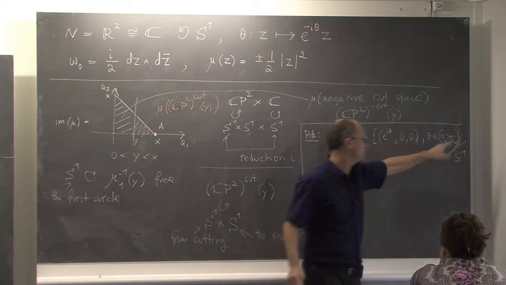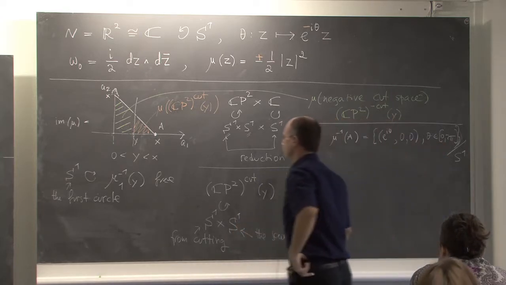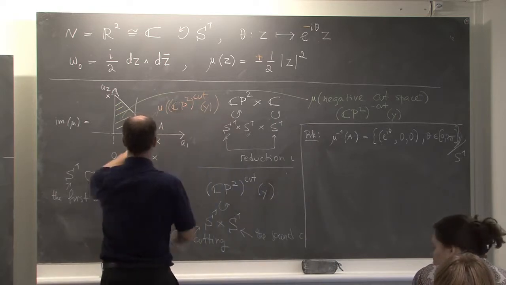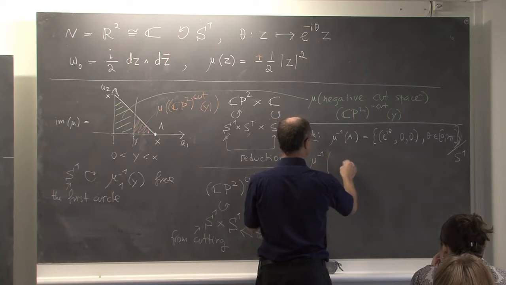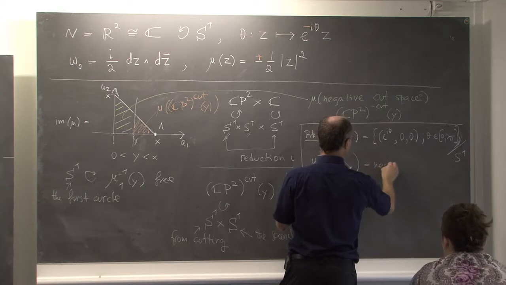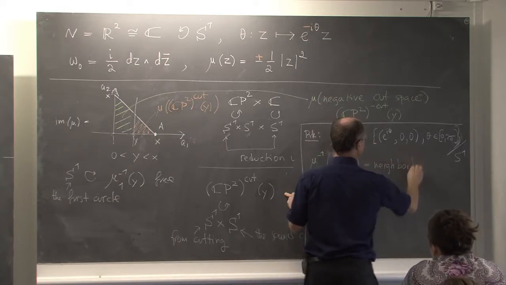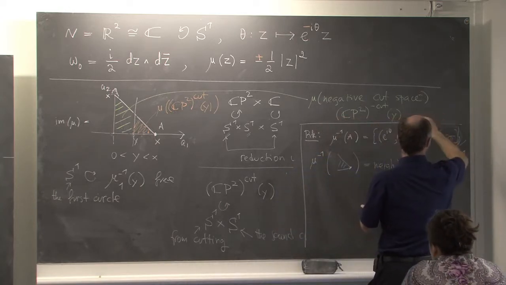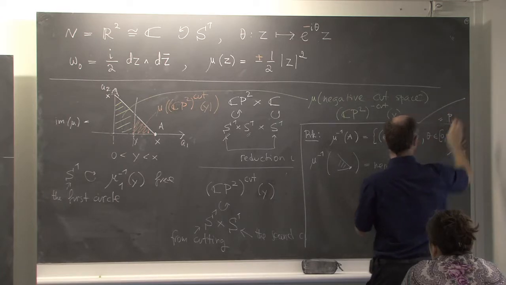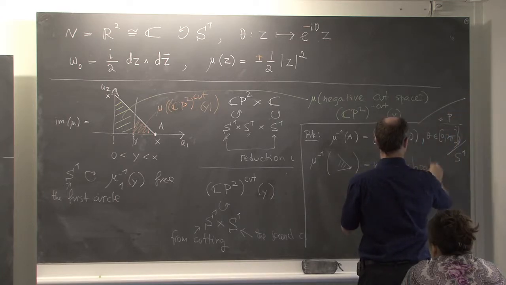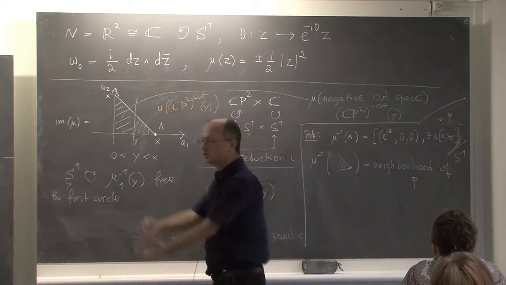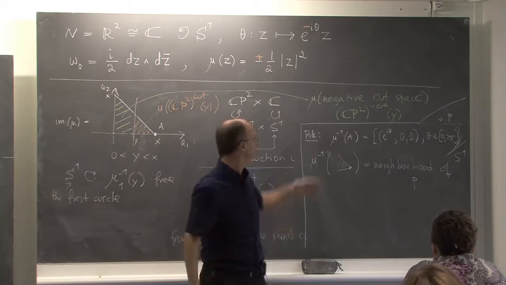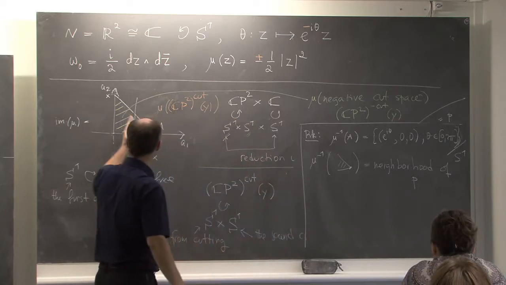This means we're getting just 1 point. So then the pre-image of this triangle, let me call this point small p, is a neighborhood of p. You're taking away some neighborhood of p, because you want to do the cut.